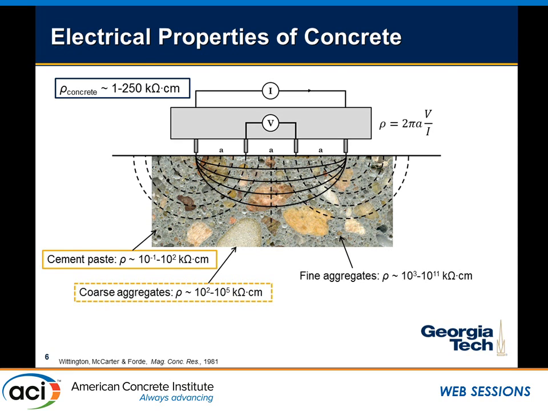The coarse aggregates are a few orders of magnitude larger, but some of the more or less resistive coarse aggregates will also fall into that range. And so you do see some influence of the coarse aggregate resistivity on the measurements themselves. The fine aggregates are largely far more resistive than the other aggregates in the cement paste, so we don't really look at those as much. They don't play as much of a role because the current will flow along the path of least resistance.